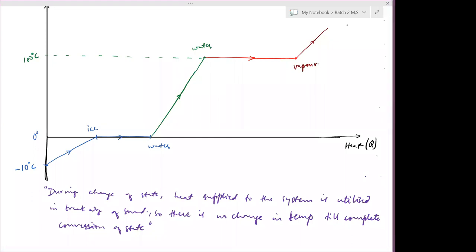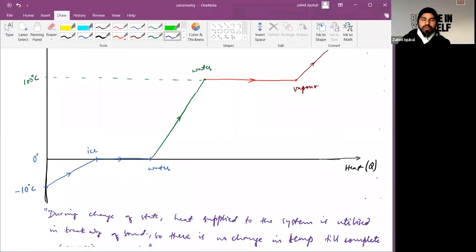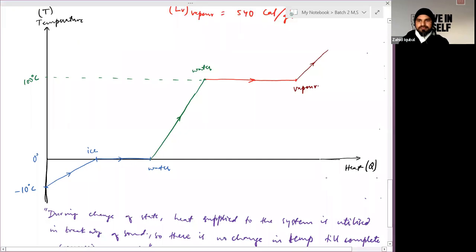Okay, the next question is, which will cause more severe burn, boiling water or steam at same temperature? Sakshi, any idea?